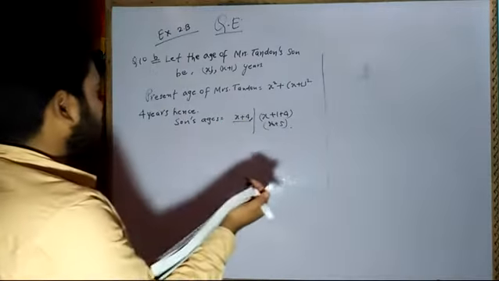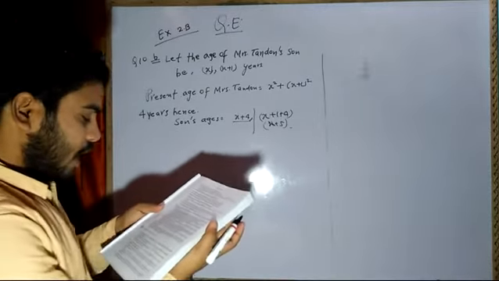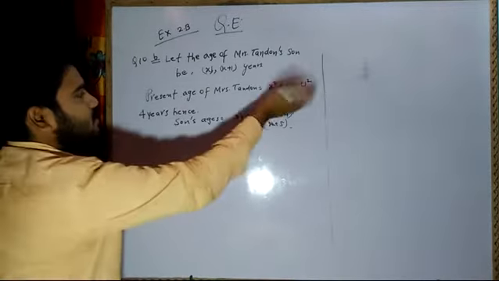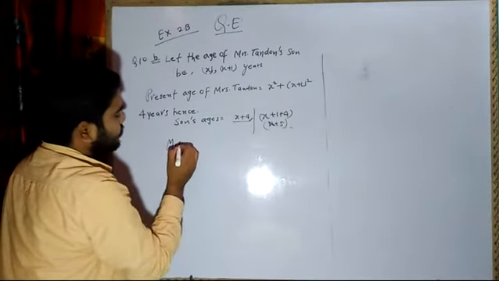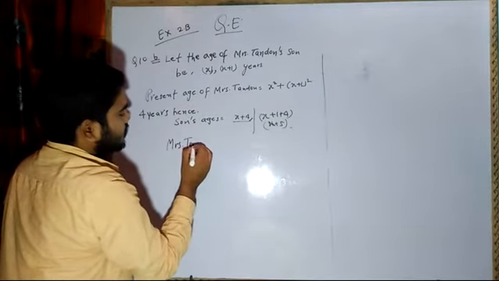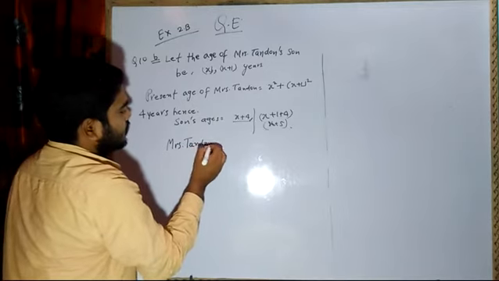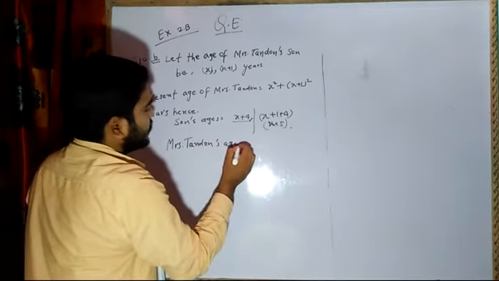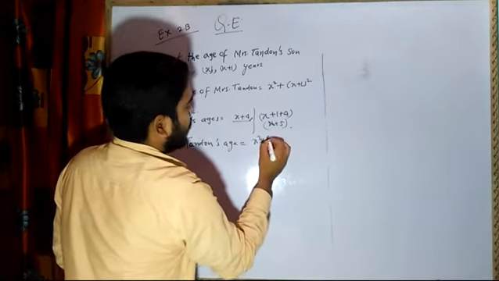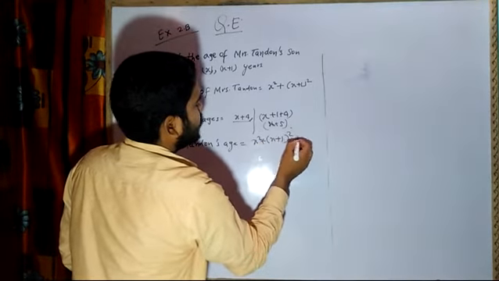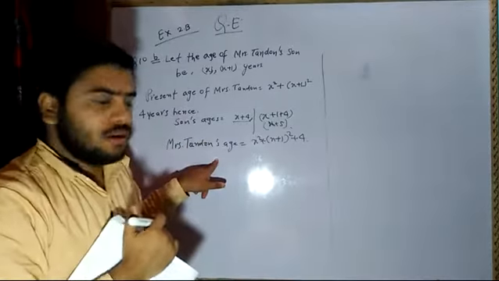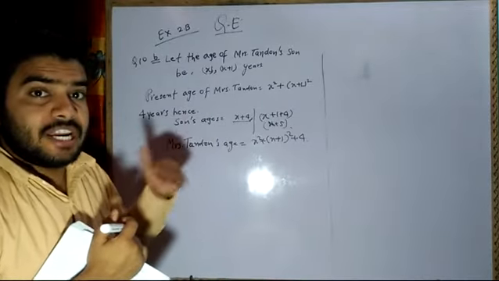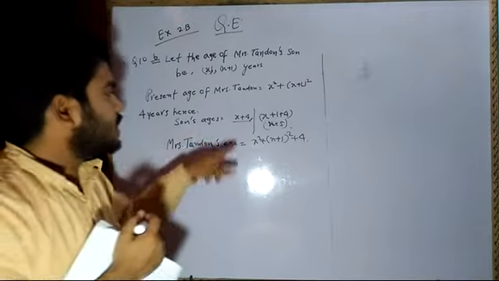Now according to the question, 4 years hence, Mrs. Tandon's age will also increase. Mrs. Tandon's age will become x square plus x plus 1 whole square plus 4, because both the sons and the mother increase by 4 years individually, not collectively.